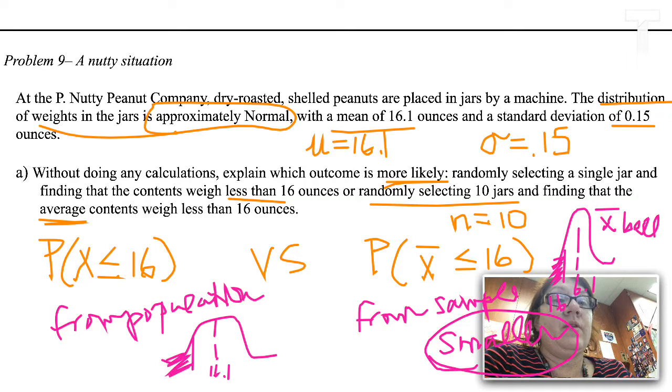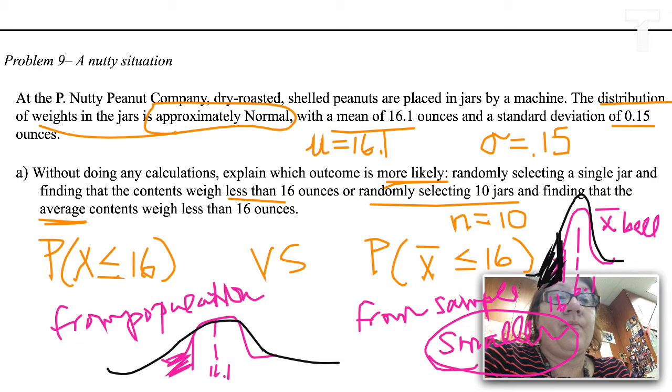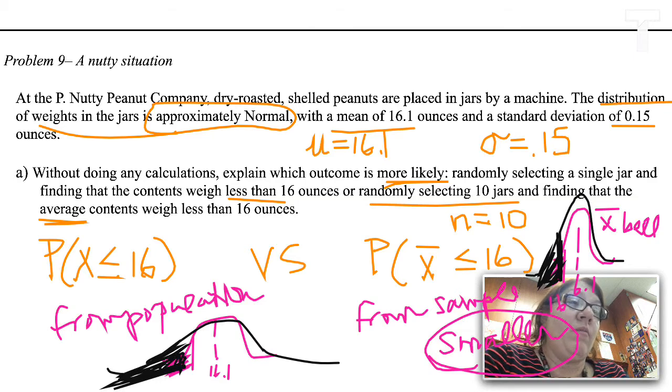Remember, we looked at the difference between drawing the population bell, it would be even better if it was wider, versus this sample bell, and how the 16 doesn't move. So there was a lot more area over here, and then when the bell moved in, now more of it is up here at the top, right? It got higher peaked.